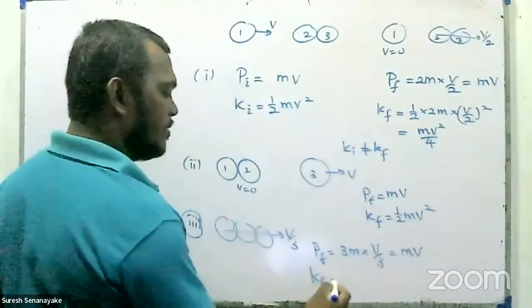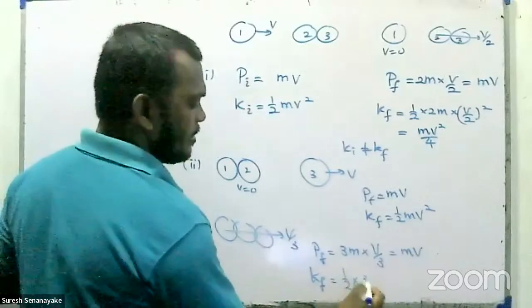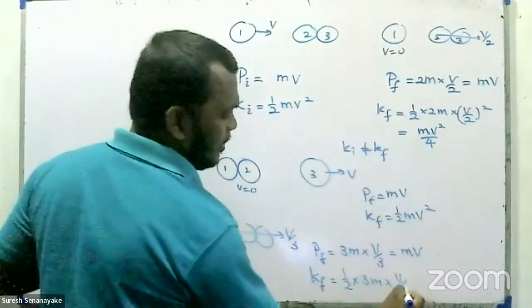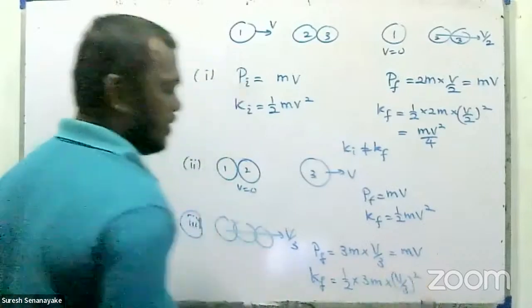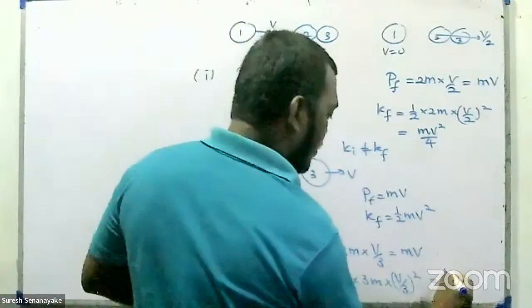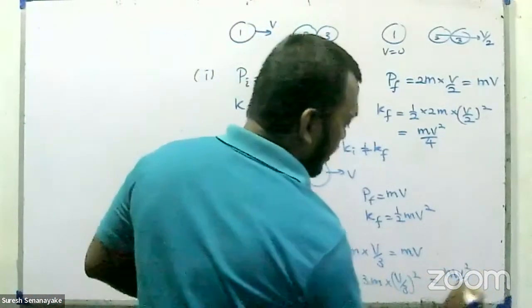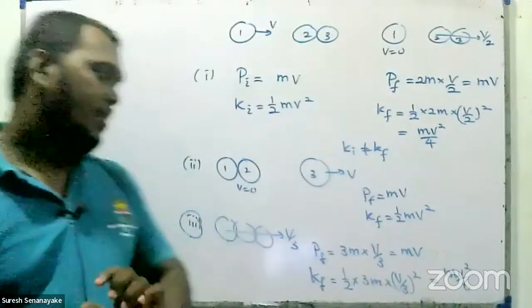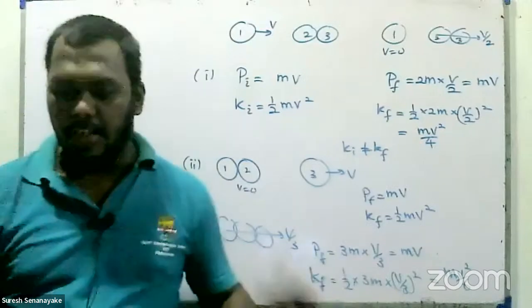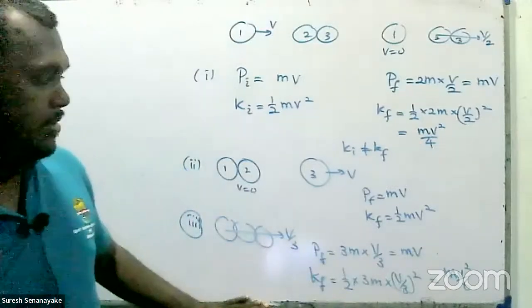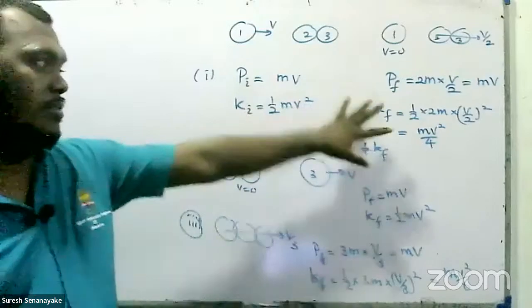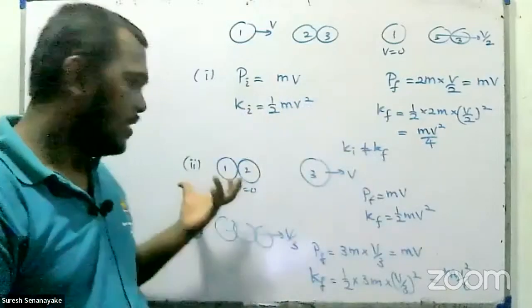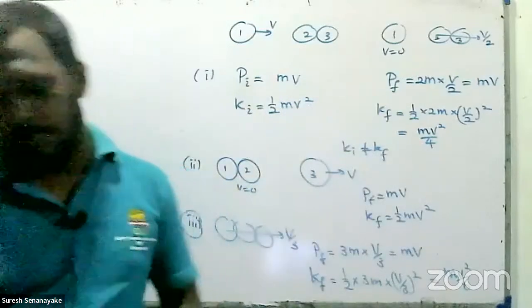The kinetic energy is half of 3m times (v over 3) squared, which is m v squared over 6, so the kinetic energy is not conserved. Even though momentum is conserved, kinetic energy is not, so this cannot happen. The first one also cannot happen, so only the second situation is possible.